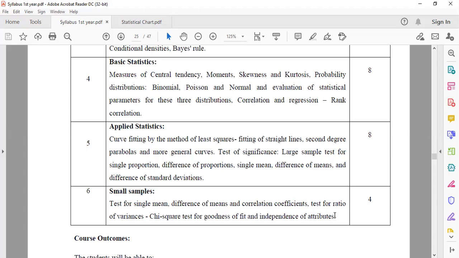And then there is multivariate statistics. All these subjects are there, but these are beyond the scope of this particular course curriculum, which is meant actually for beginners.